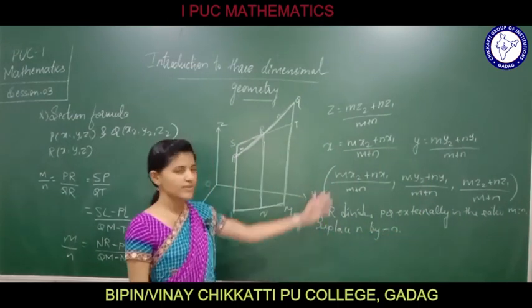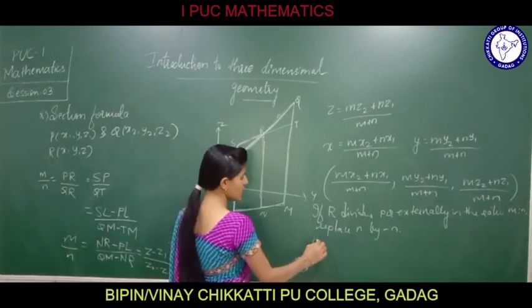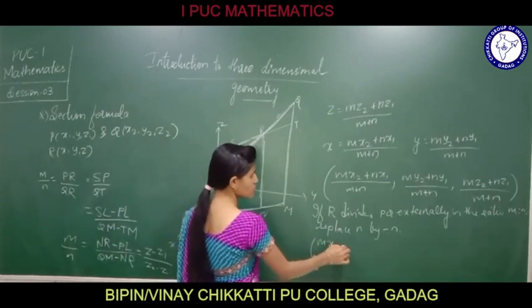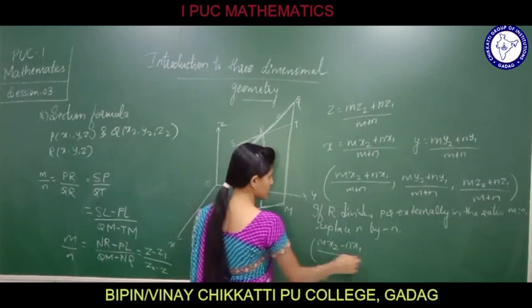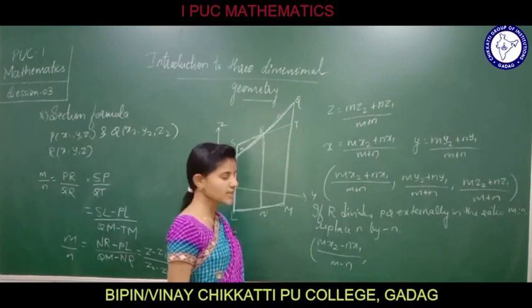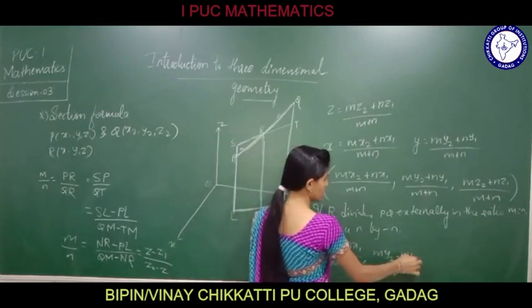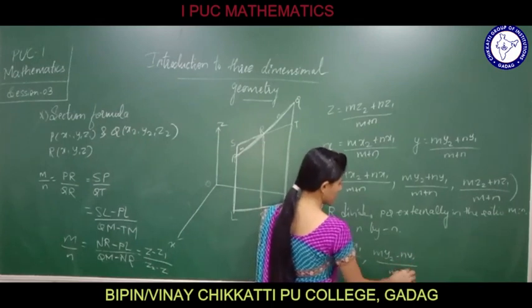So this is when R has divided internally. The same way for externally, what are we going to write? M into x2 minus n into x1 divided by m minus n. Then m into y2 minus n into y1 divided by m minus n.